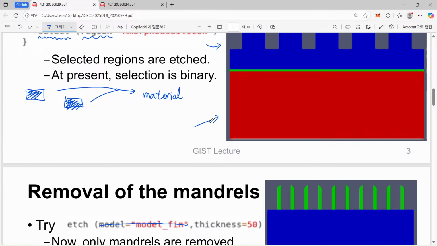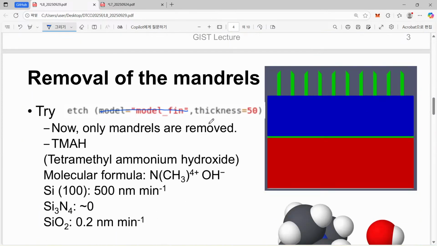However, if we specify the model which says that only amorphous silicon should be etched, then what you get is that this silicon nitride is not affected by this etching process. Also, this silicon dioxide is saved from this etching process.